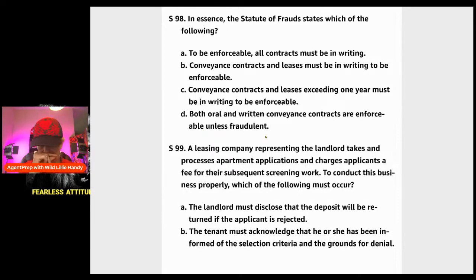No. So conveyance contracts and leases exceeding 1 year must be in writing. That is a must, because remember, we do have leases less than a year that can be oral.